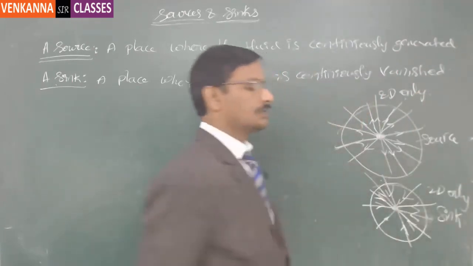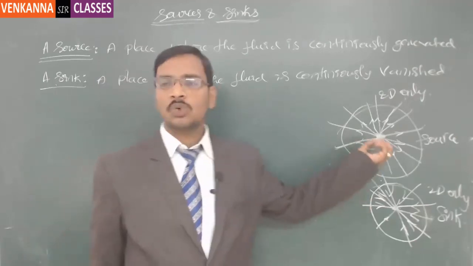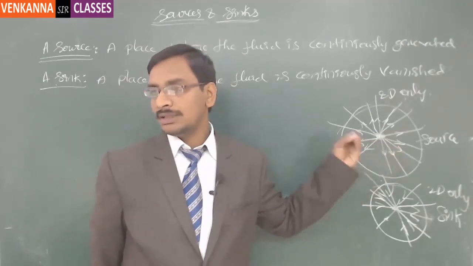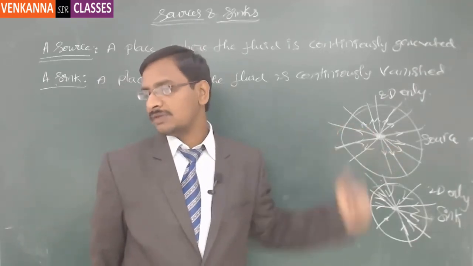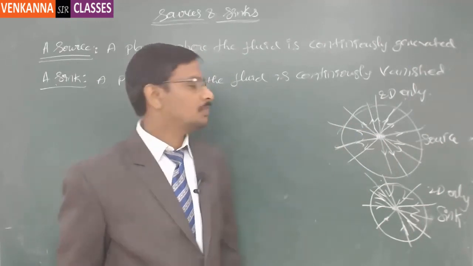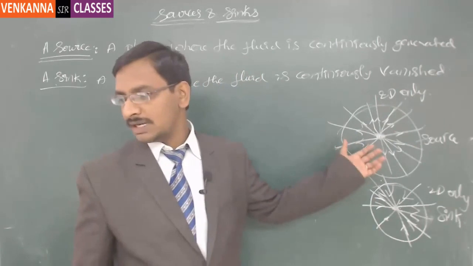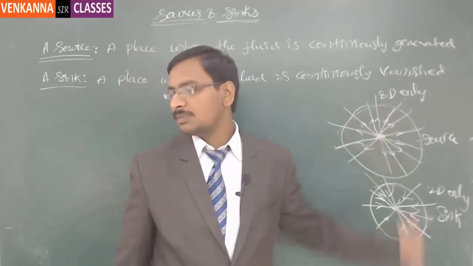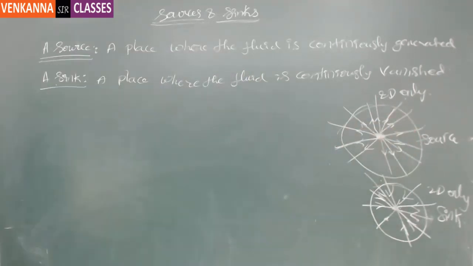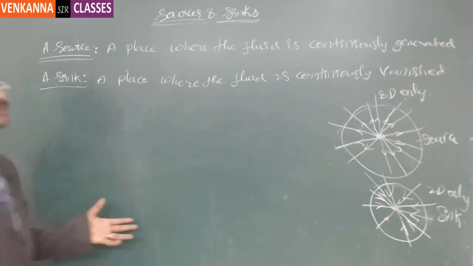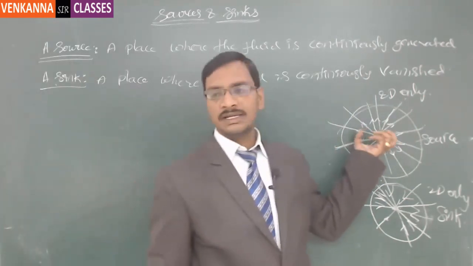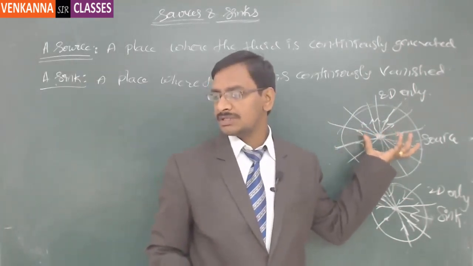Now in this case, how much quantity is getting produced there is the strength of the source. Got it? If you randomly draw a circle, the mass of the fluid getting generated at this point is the source strength. The mass of the fluid generated per unit time is the strength of the source, or the volume of the fluid generated per unit time is the strength of the source, right?